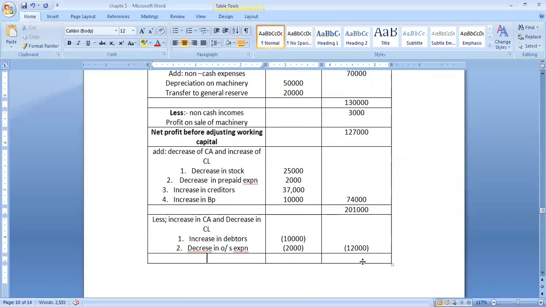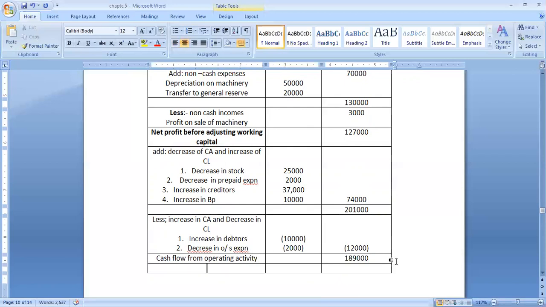So out of 2,01,000 minus 12,000, 1,89,000 will be the cash flow from operating activity.